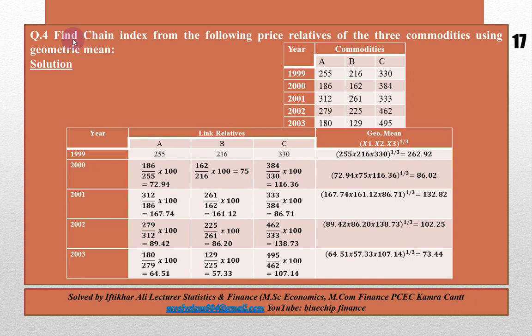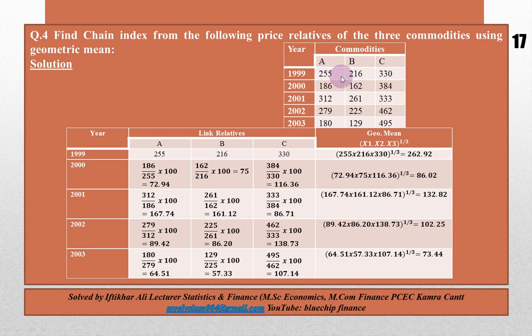Question number 4: find the chain index from the following price relatives of the three commodities using geometric mean. First of all, we will calculate the link relatives. The formula for link relative is Pn divided by Pn minus 1.